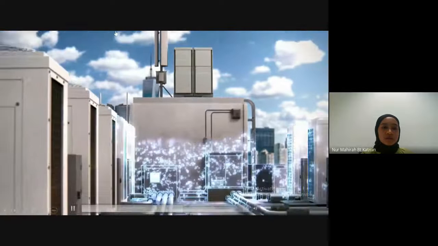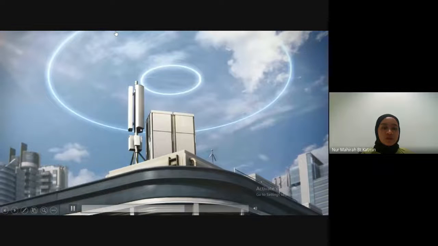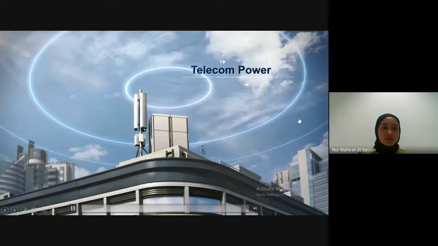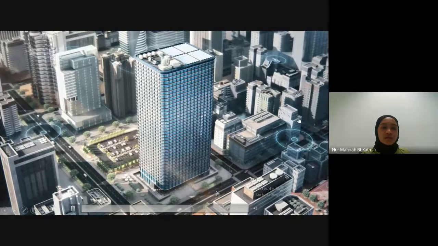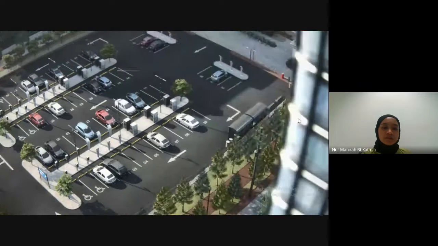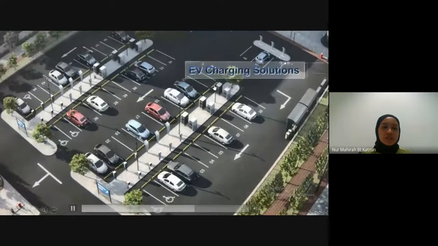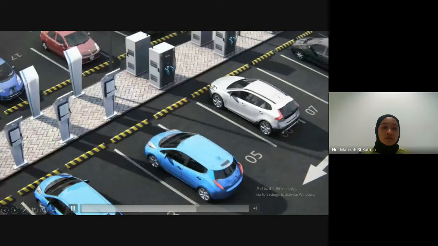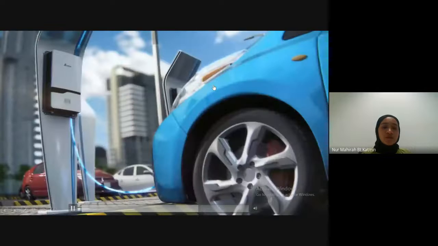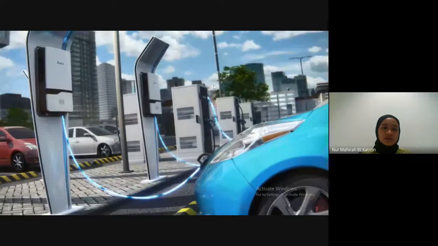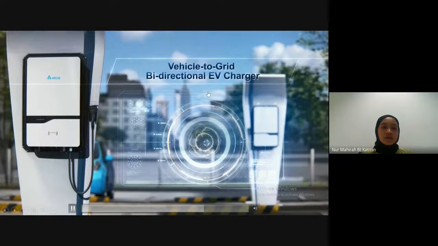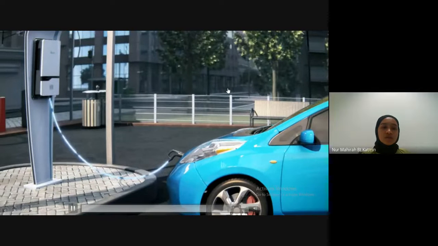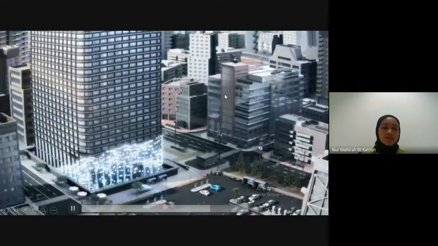In the building they also use telecom power. And also EV charging solution for the battery used for hybrid cars. The name is vehicle to grid, EV battery.